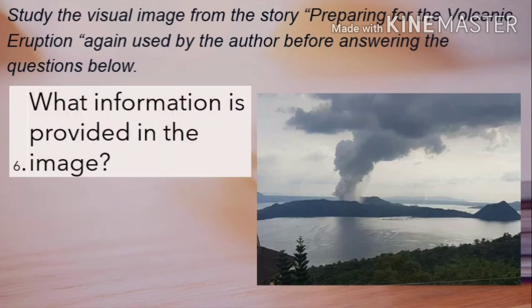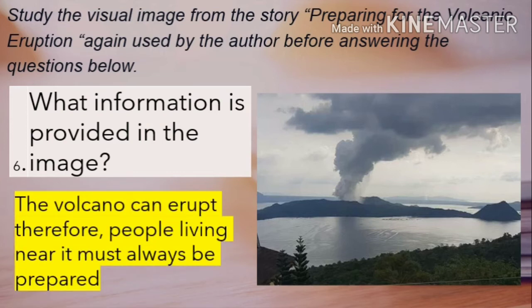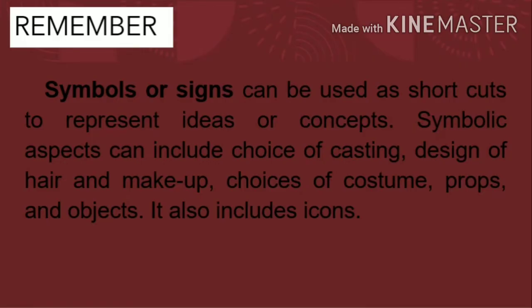What information is provided in the image? By just simply looking at the image, we can probably say that a volcano can erupt, therefore people living near it must always be prepared. So always remember that symbols or signs can be used as shortcuts to represent ideas or concepts.